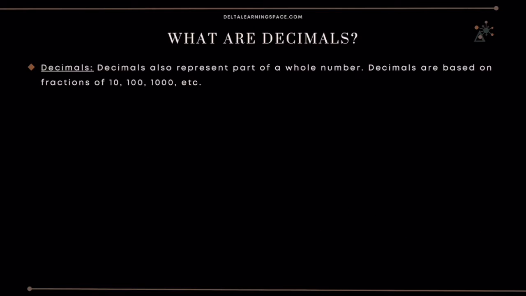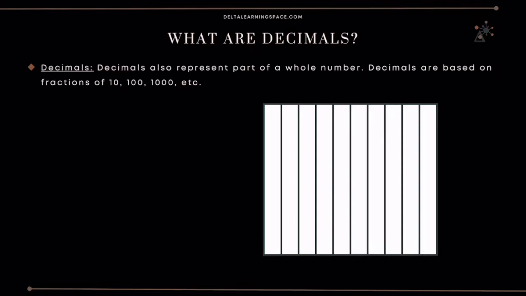So what are decimals? Decimals also represent part of a whole number like fractions do. However, decimals are based on fractions out of 10, 100, 1000, or any power of 10. So here I have my 1 unit split into 10 equal pieces.